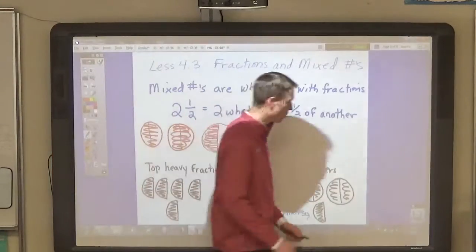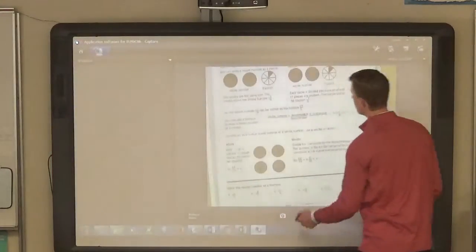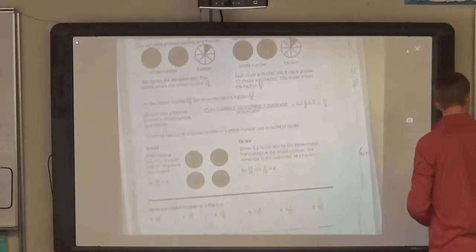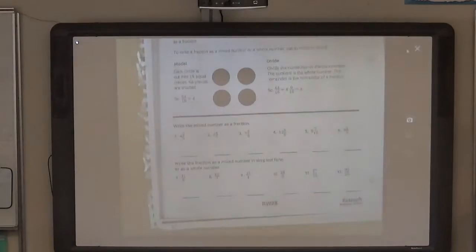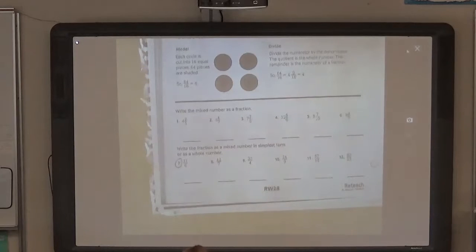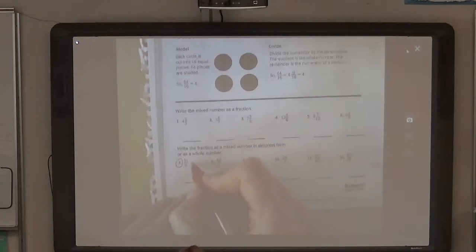Okay, let's go through some examples from your worksheet. Do some together. Let's start with number 7, because that's just exactly what we were talking about earlier. The top number divided by the bottom number. In other words, how many wholes can we make if the pieces are cut into sixths?